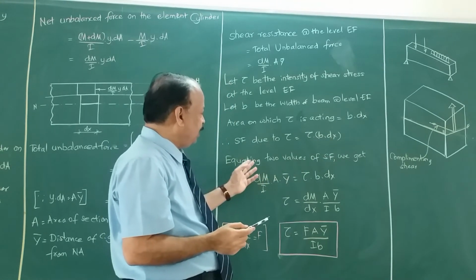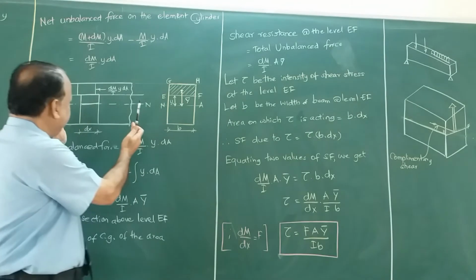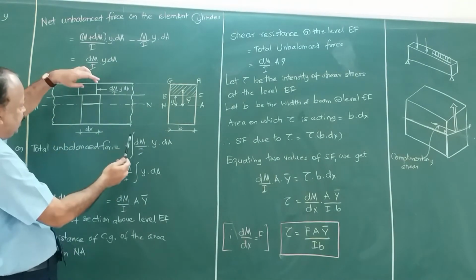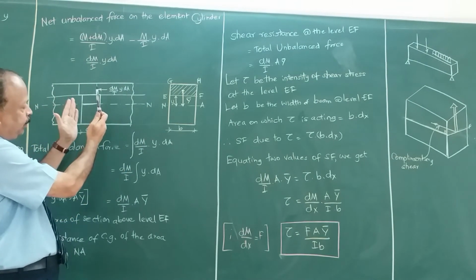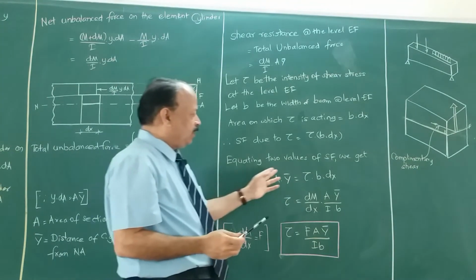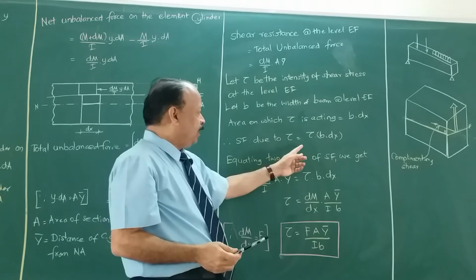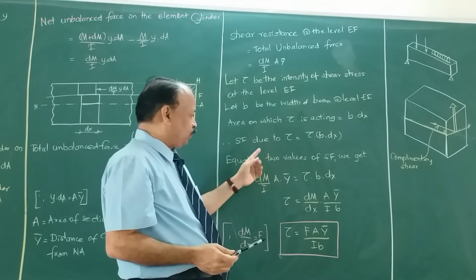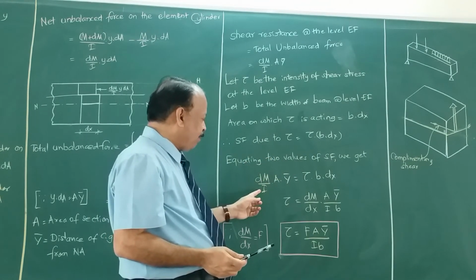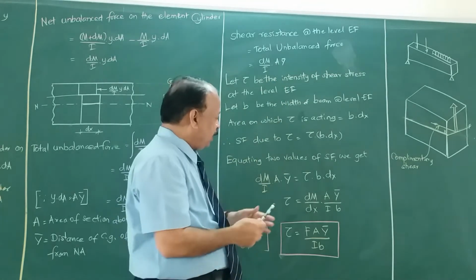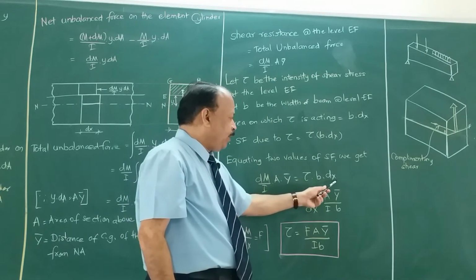Equating, in order that the system should be in equilibrium and should not slide, we have to equate the two values of shear force. Net unbalanced force must be balanced by shear force. So dM by I into A y bar is equal to tau into B into dx.